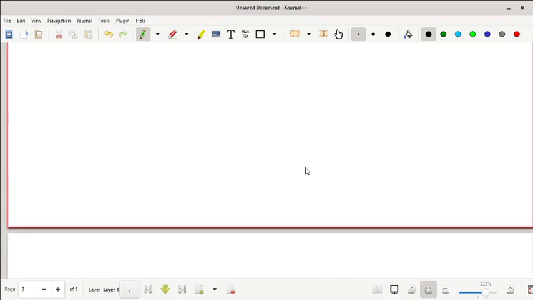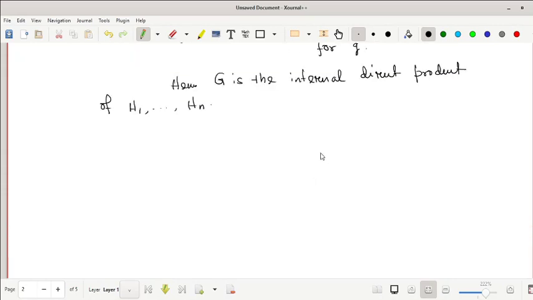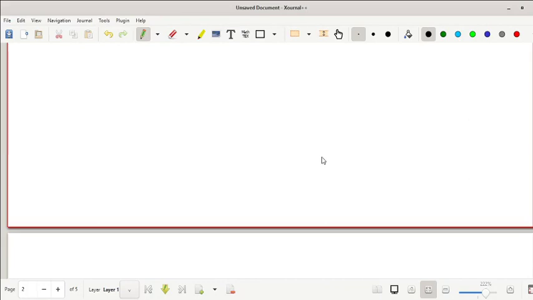Next, let us see the relationship between internal direct product and external direct product.